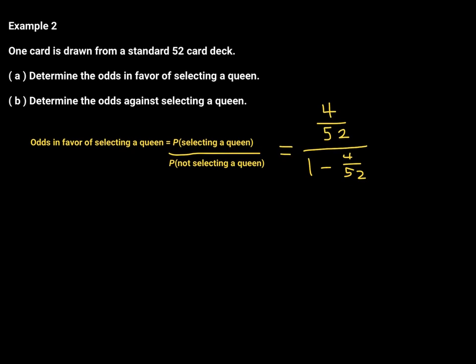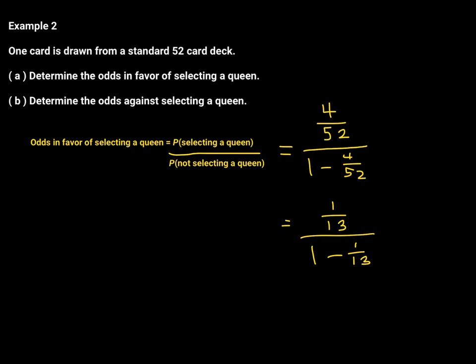So 4 over 52 is equivalent to 1 over 13 if you simplify. So then this is equivalent to 1 minus 1 over 13. Just divide 4 and 52 by 4. 4 divided by 4 is 1. 52 divided by 4 is 13. So this fraction, 4 over 52, is the same as 1/13.